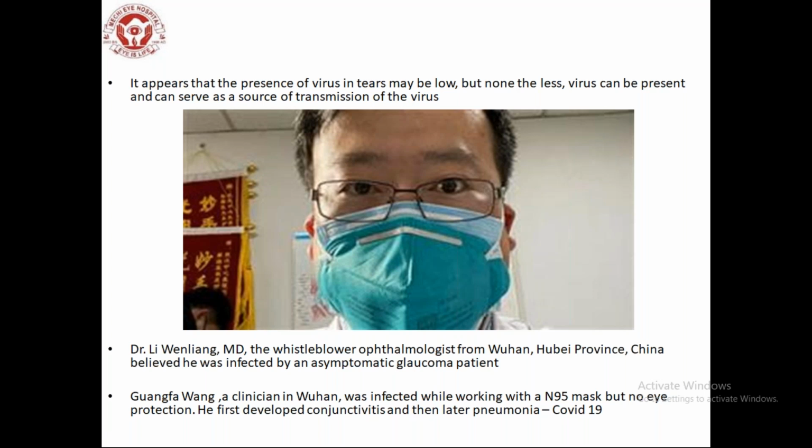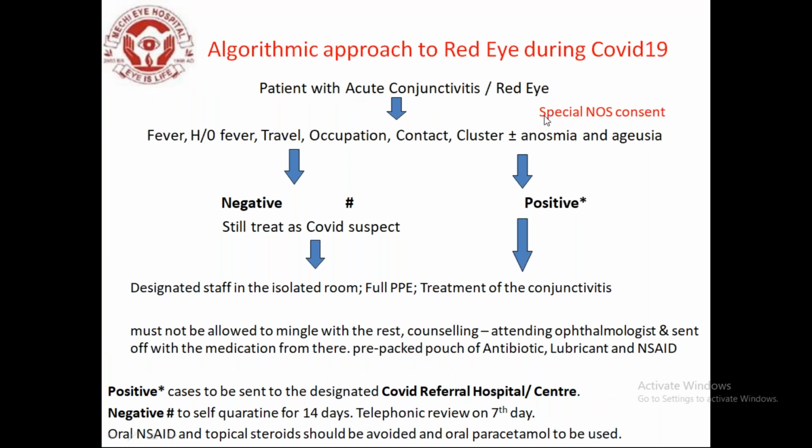Whenever the patient presents with acute conjunctivitis or red eye, special consent as formulated by Nepal Ophthalmic Society is to be taken. Then we should take the history of fever. We actually check the fever and also history of fever, history of travel.